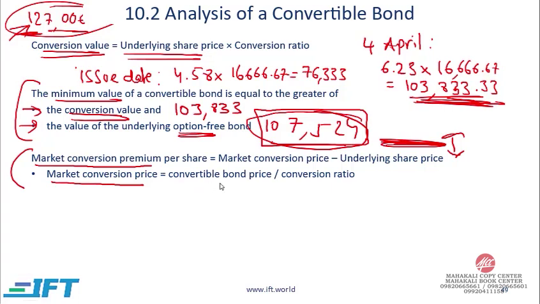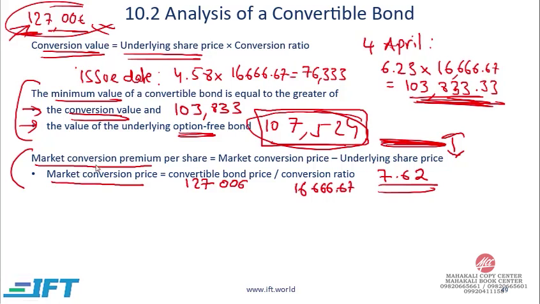In our example, the convertible bond price is 127,006, that's the market price, divided by the conversion ratio, which is 16666.67. So the market conversion price is 7.62. This means that if we convert the bond, effectively this is how much we are paying for each share.